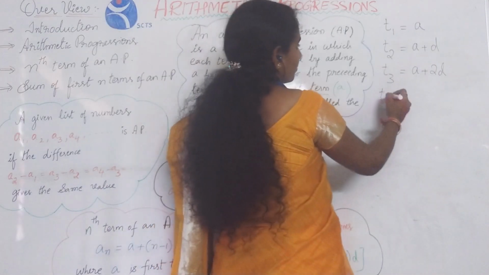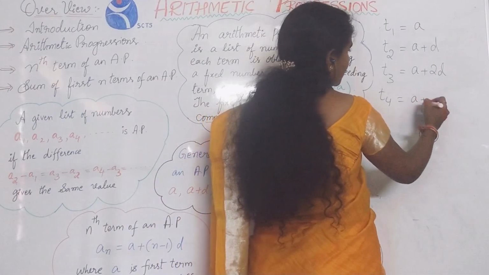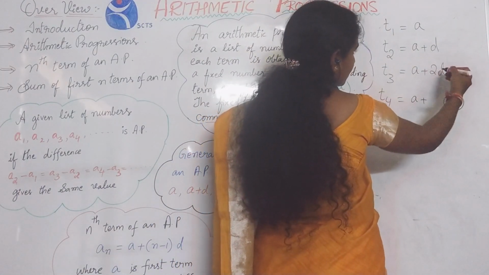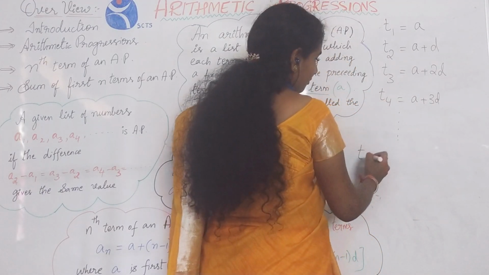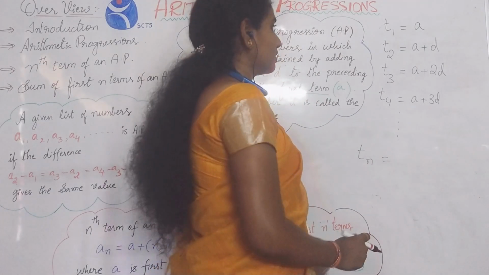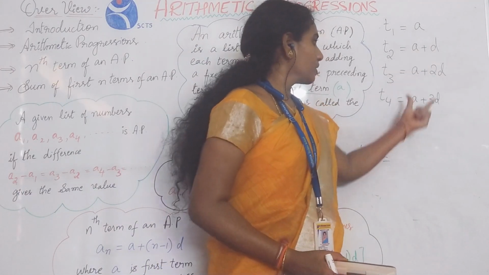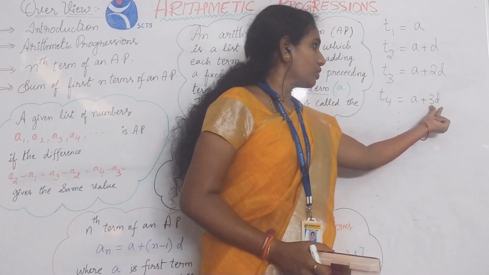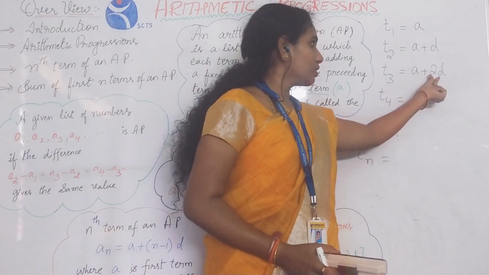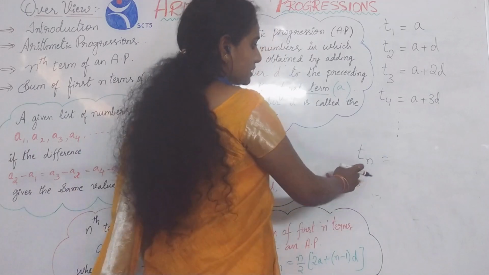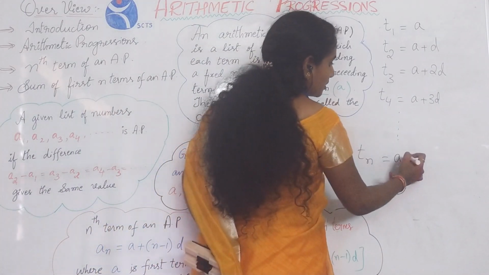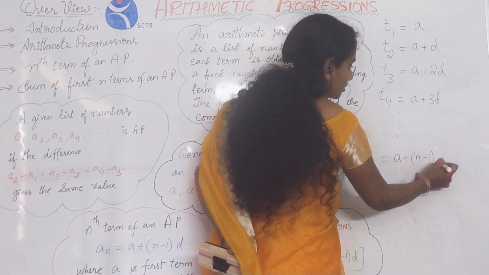Now T4, the fourth term, is A plus 2D plus D, that is A plus 3D. Now if you observe here, to find the nth term: here you have 4, here you have 3; here you have 3, here you have 2; here you have 2, here you have 1. So if it is n here, you will obviously have n minus 1 here.